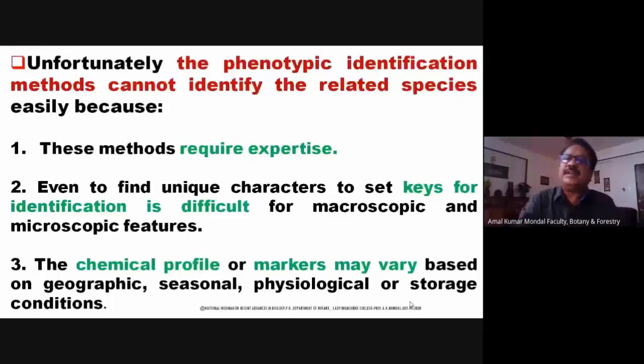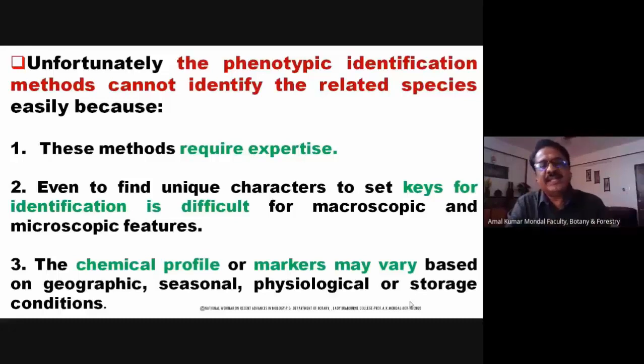Unfortunately, the phenotypic identification methods cannot identify the related species easily because, number one, these methods require expertise. Number two, even to find a unique character to set keys for identification is difficult for macroscopic and microscopic features.